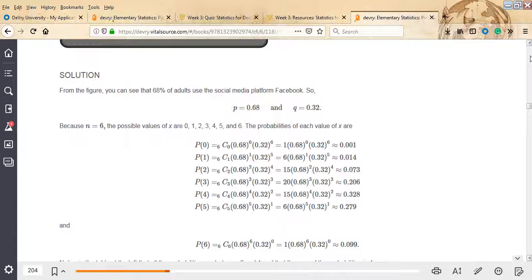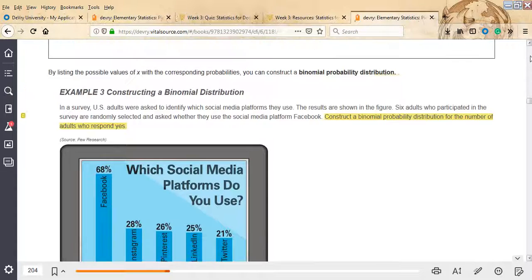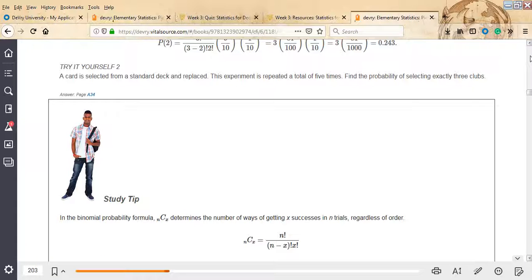Well, if I go back up here, and if I was to plug the numbers in here, I think we have n of 6. So 6 factorial divided by 6 minus 3, which is 3 factorial, times 3 factorial.